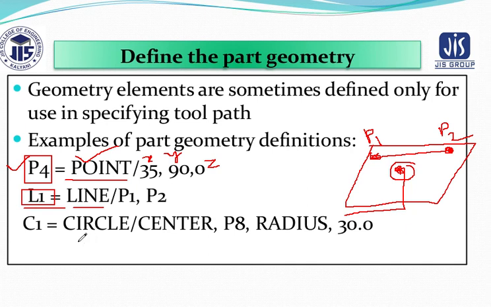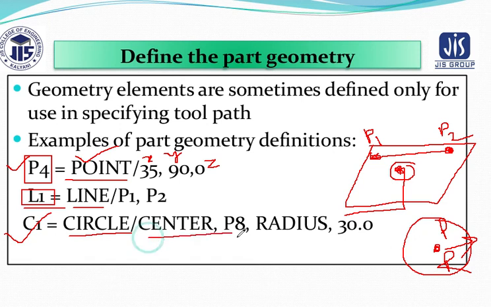Now for example, if you are talking about a circle, you know a circle has some center, isn't it? This center is also one point, and from this center it is drawing a circle with some radius, which is denoted by R. So to draw a circle C1, you first write CIRCLE slash CENTER, meaning you are providing the center point also.